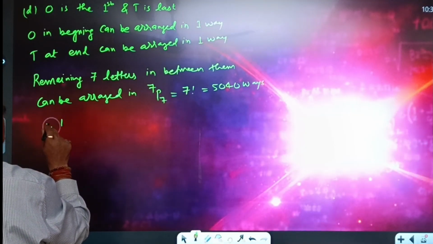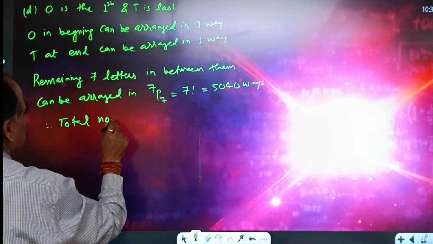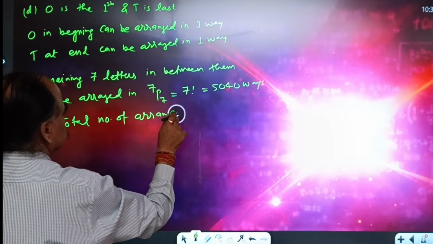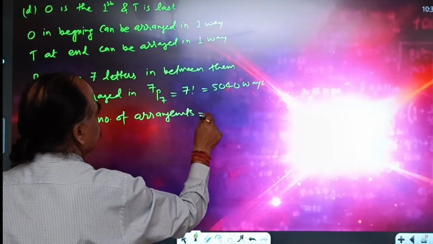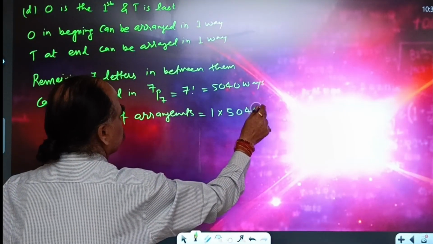Therefore, total number of arrangements is equal to 1 into 5040 into 1.